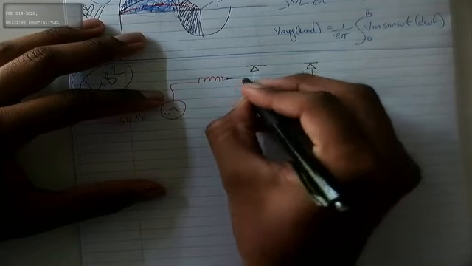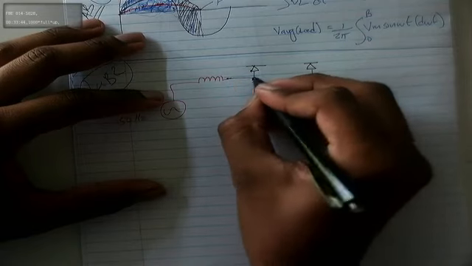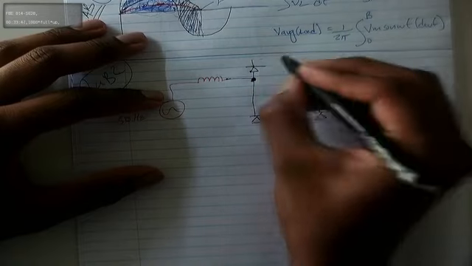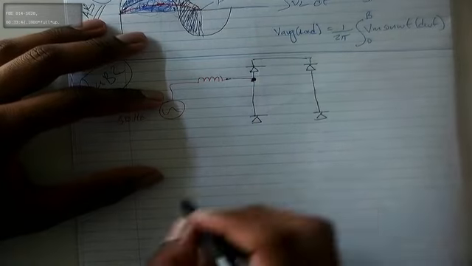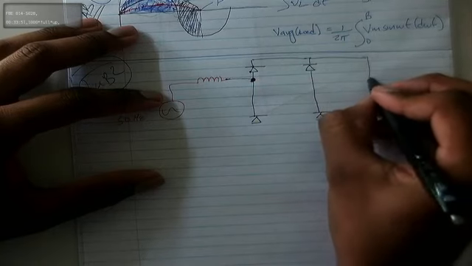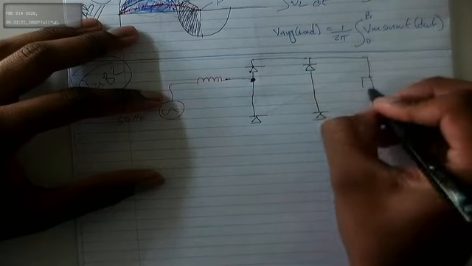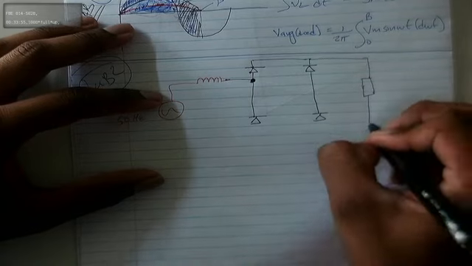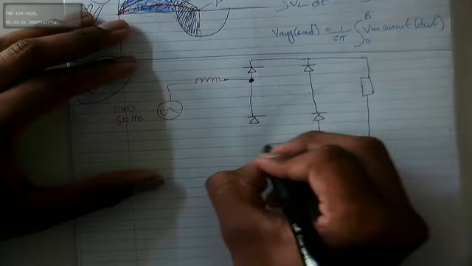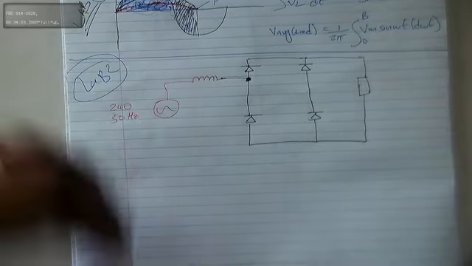The positive cycle comes in and connects here. Then we have a wire from here to here, and then we have a load. We can say any type of load. It comes down here, connects here, and then connects here.